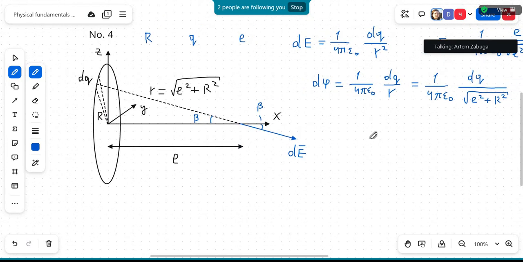As you can see, this is the electrostatic field potential produced by this element dq.